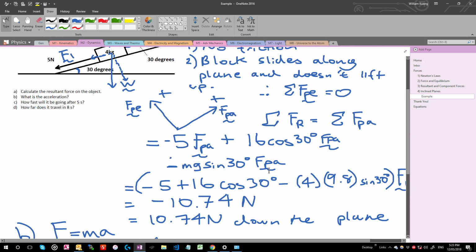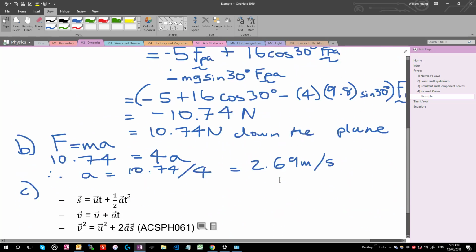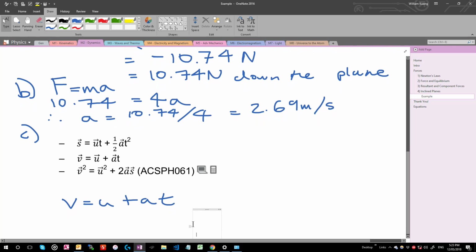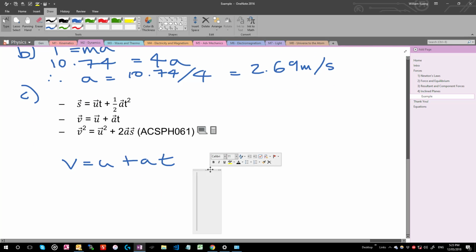So how fast will it be going after 5 seconds? How fast is asking you about velocity. You make the assumption that its initial velocity is 0, and you know the acceleration. So you should be using the first equation, sorry, I mean the second one, v equals u plus at. Write the equation first, and then you substitute to follow the conventional method to get the full marks.